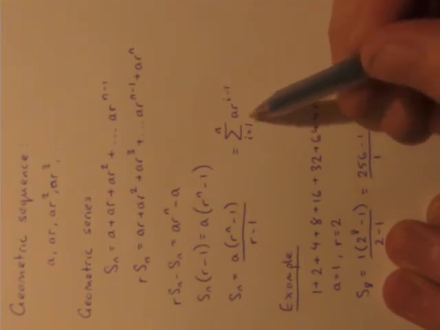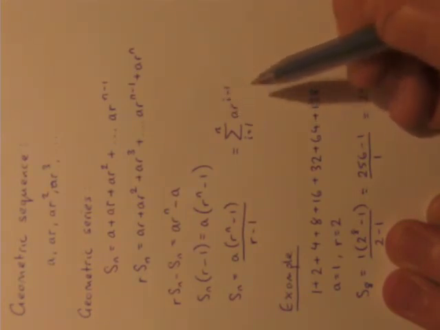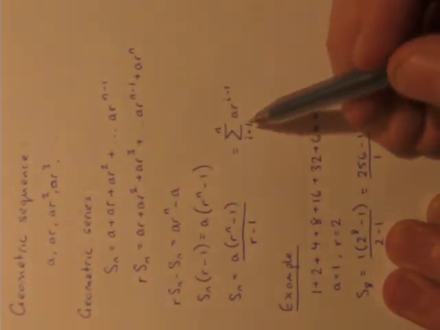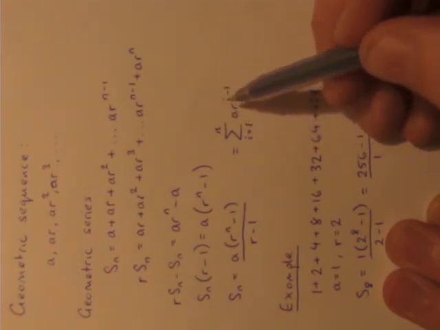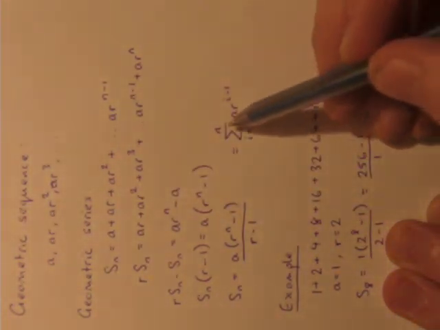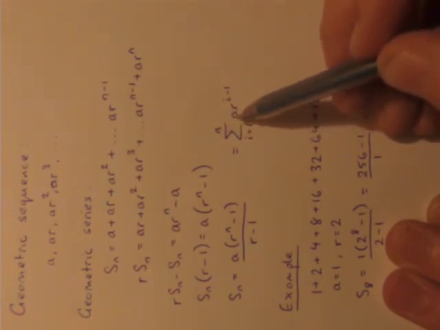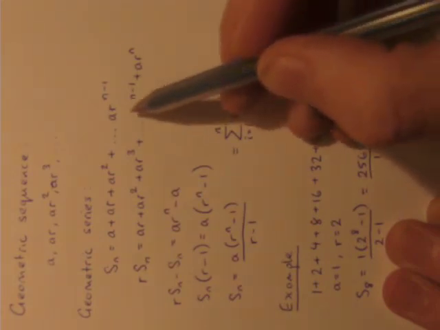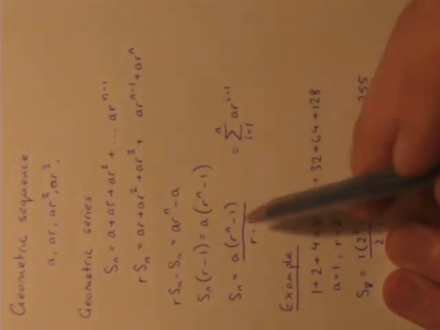So when I is 1, we have a times r to the 1 minus 1, which is a times r to the 0, which is just a. When I is 2, we have a times r to the 2 minus 1, which is just a times r, and it runs all the way up to I equals n. So we get a times r to the n minus 1, which is the final term in this line here.